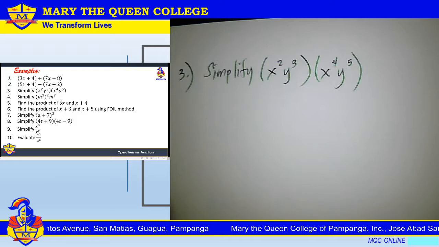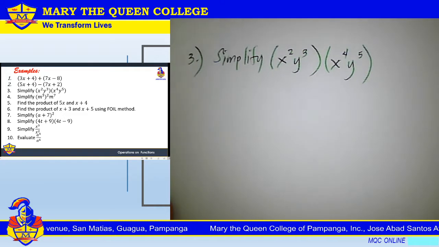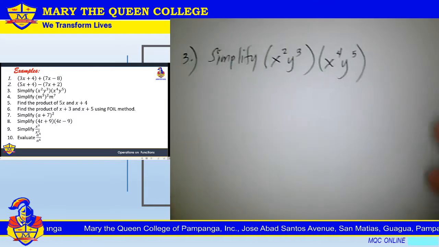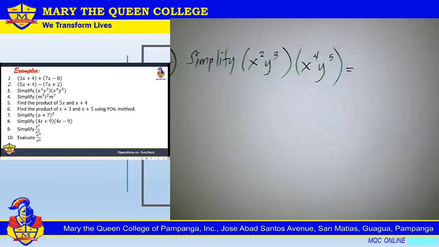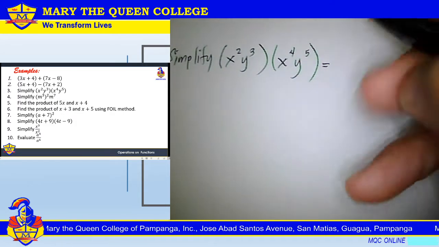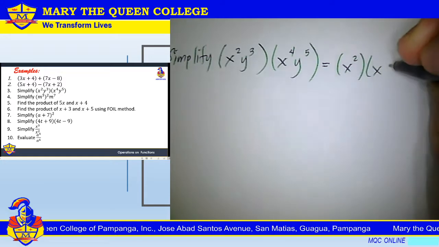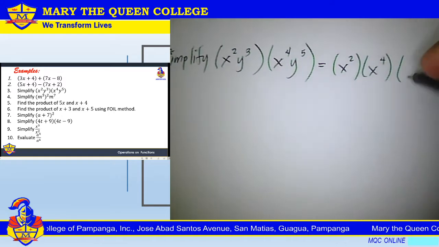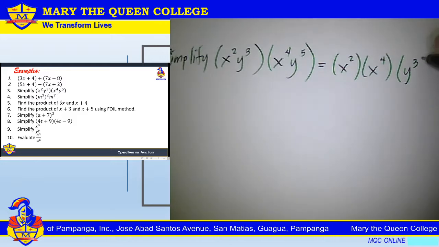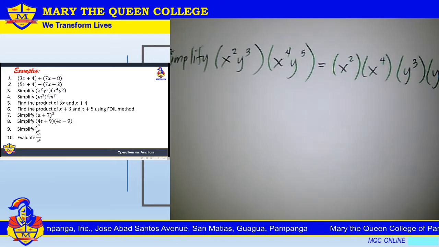So, recalling our rules in rules of exponents, kapag parehas po yung base natin, we just add their exponents. Okay? So, since multiplication po ito, so mangyari, parang ganito po yan. We have x squared times x to the 4th times y cubed times y raised to 5.